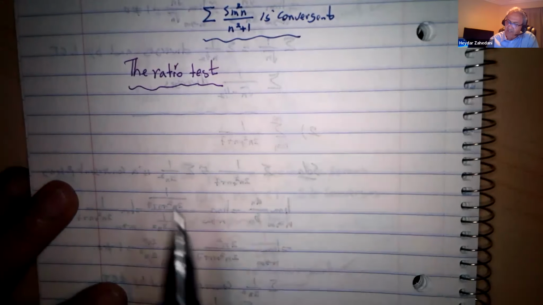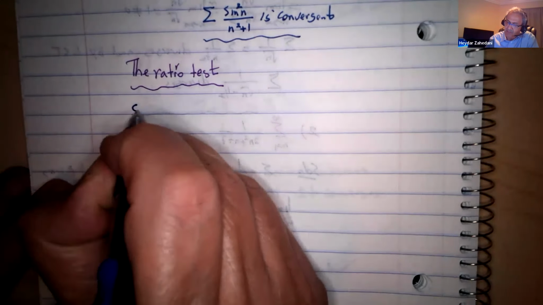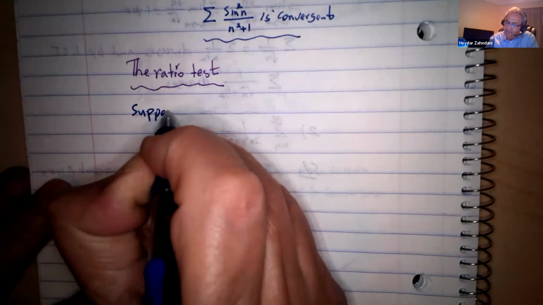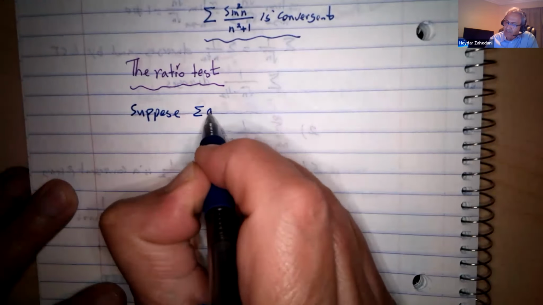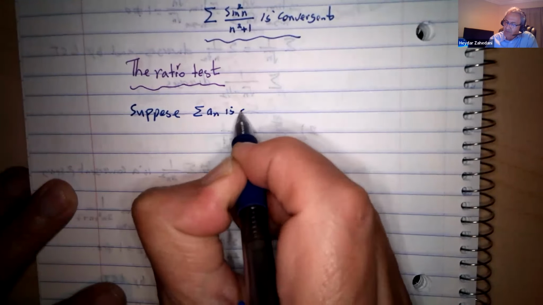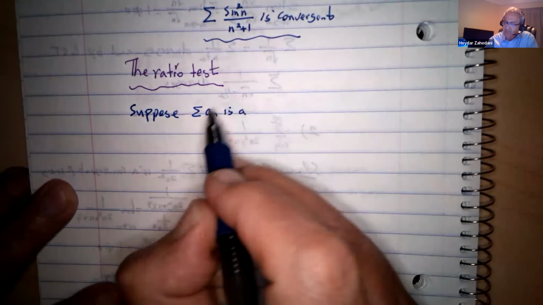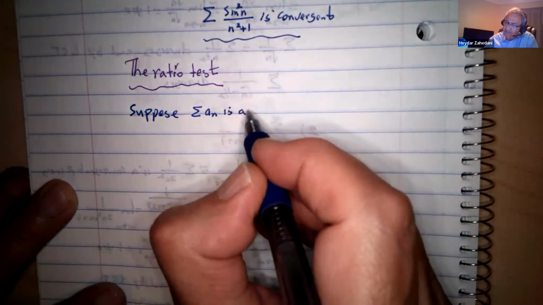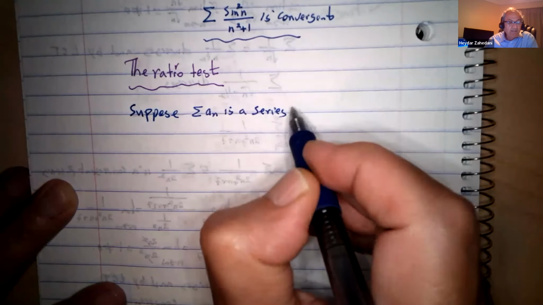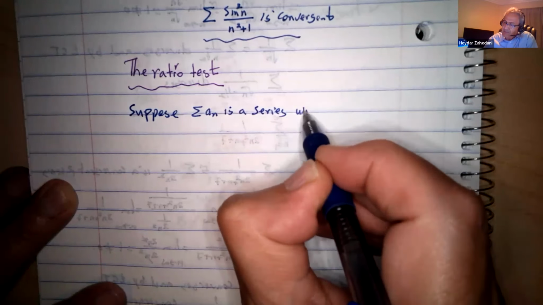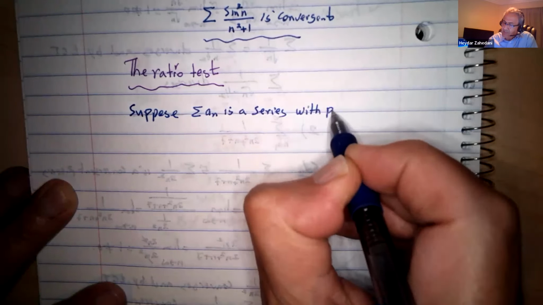This is it. Suppose that sigma an is a series with positive terms. These terms are all positive.